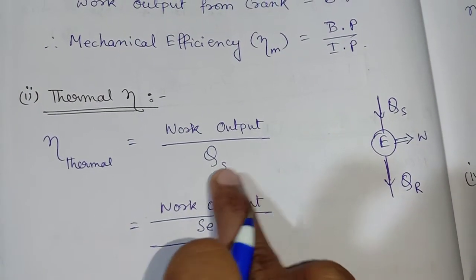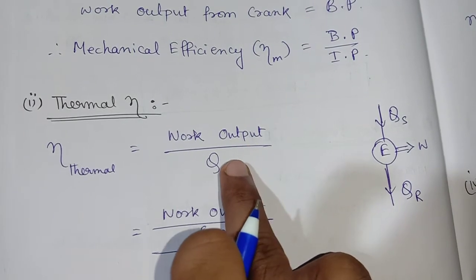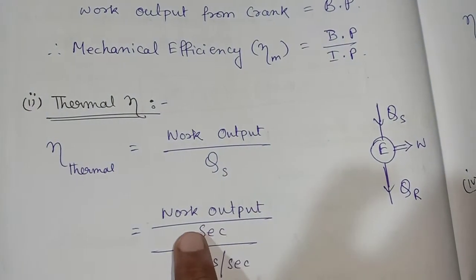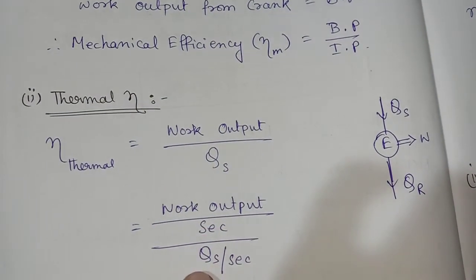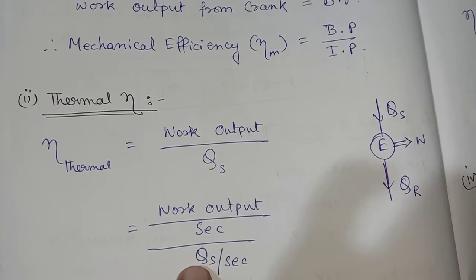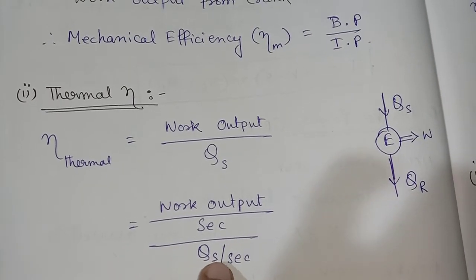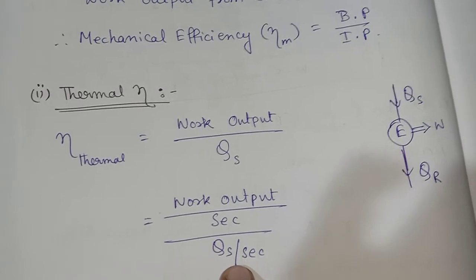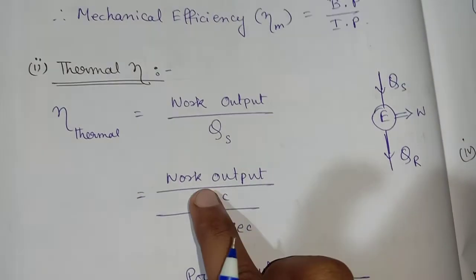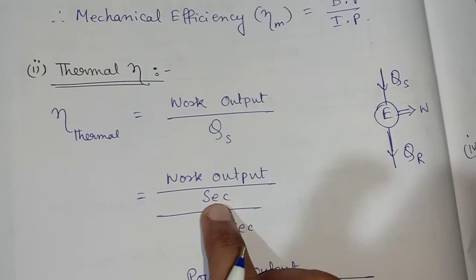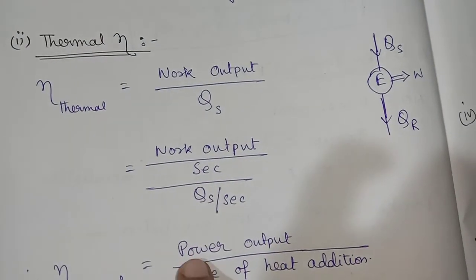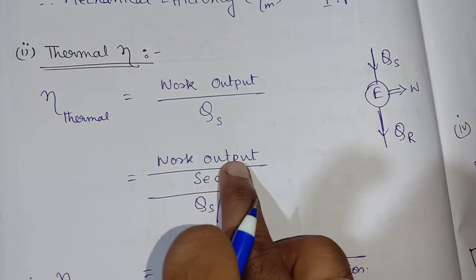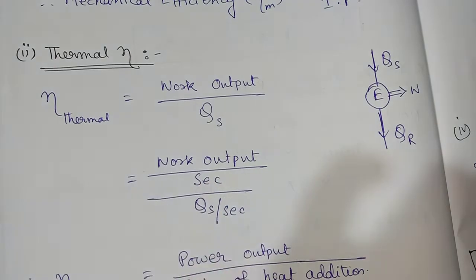Then if we divide both terms second by second, we get work output per second divided by heat addition per second, or QS per second. Work by time is equal to power, so work output per second is equal to power output.